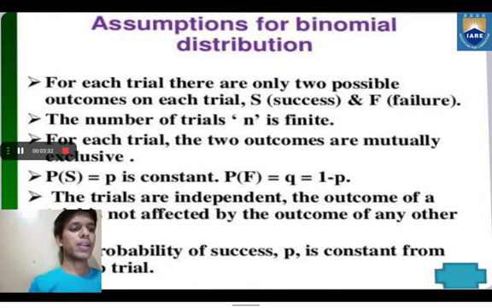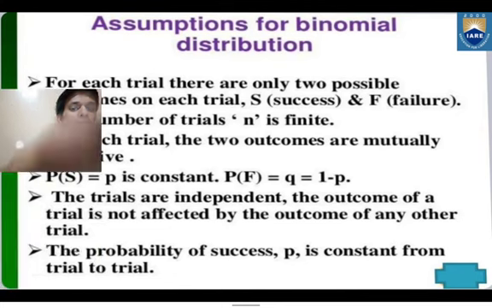The trials are independent. The outcome of a trial is not affected by the outcome of any other trial. The probability of success p is constant from trial to trial. So these are some assumptions which we consider to find a binomial distribution table.